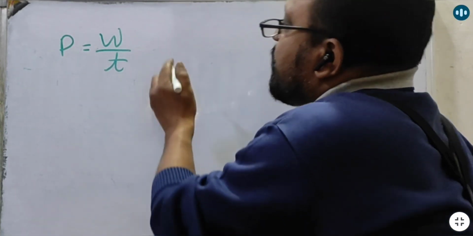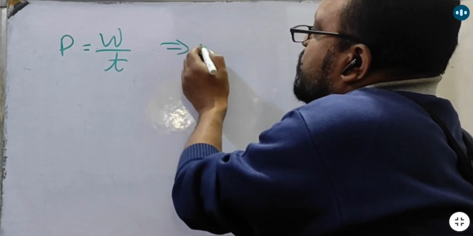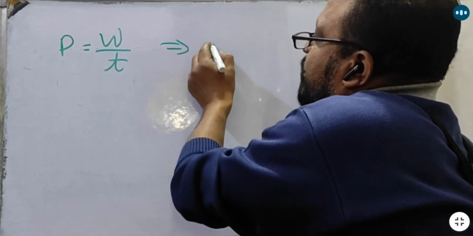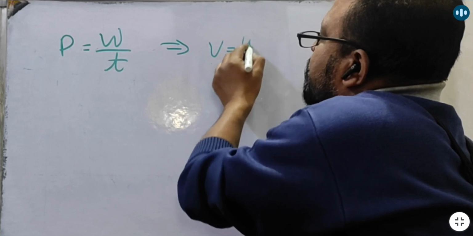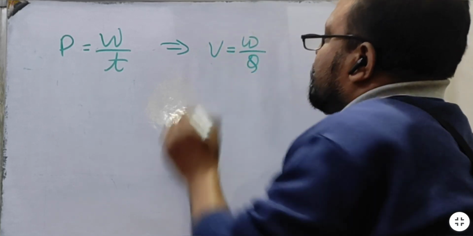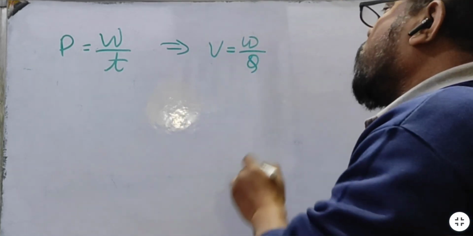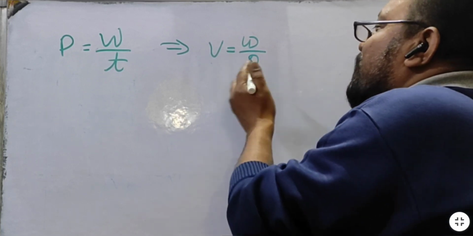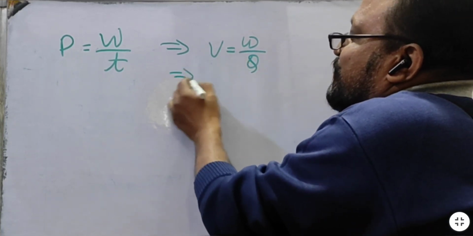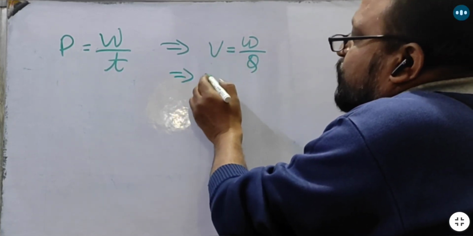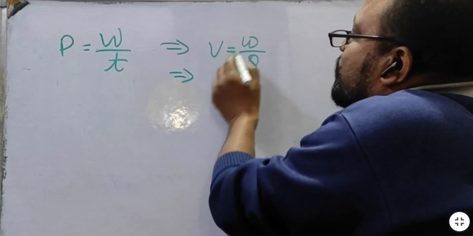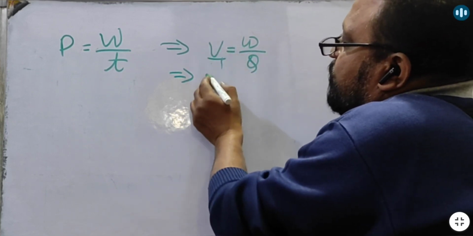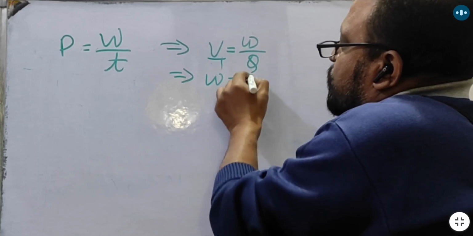You have studied earlier that what is potential difference? V is equal to W upon Q. Am I correct? I am correct. So now we will cross multiply it and we get W is equal to V into Q, right?